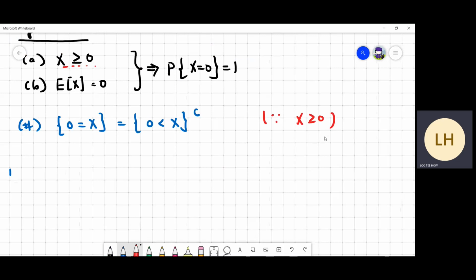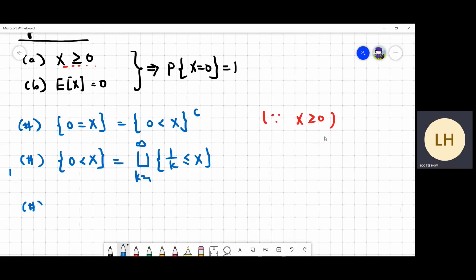And next, we can have this. Now we are looking at the event that x greater than 0 can be written as the union of the events x greater or equal to 1 over k, where k is running from 1 to infinity.